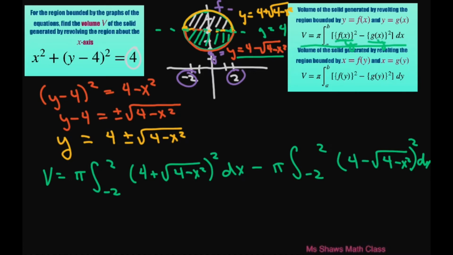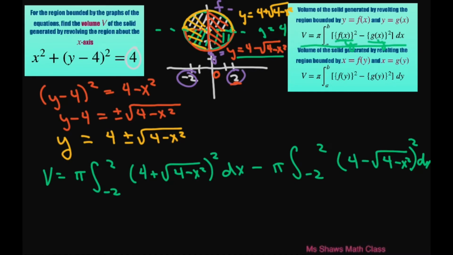Since it's symmetric, to make this easier, we can just go from 0 to 2, take this shaded region and multiply it by 2 to get the other side.